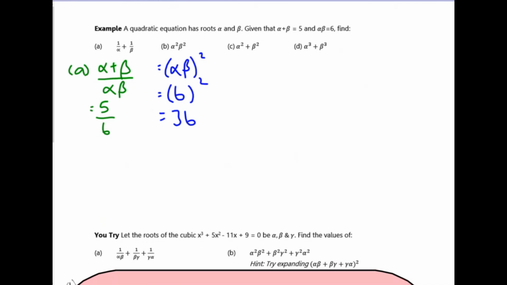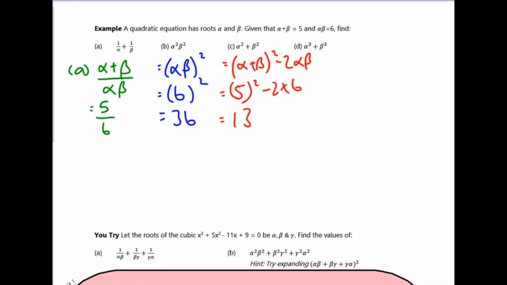Now this next one, you can either derive it yourself or memorize the formula. So this is equal to the sum of the roots squared, which in this case is alpha plus beta squared, minus 2 times the product of the roots alpha beta. So that's 5 squared minus 2 times 6, 25 minus 12 is 13.